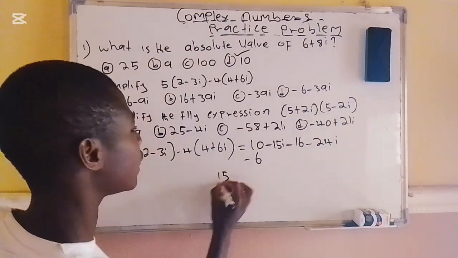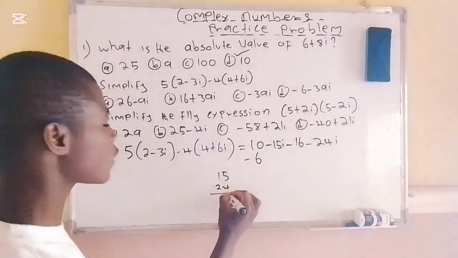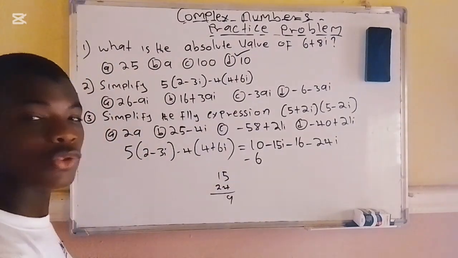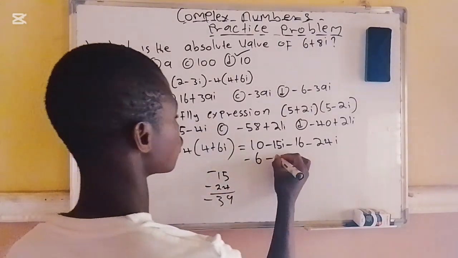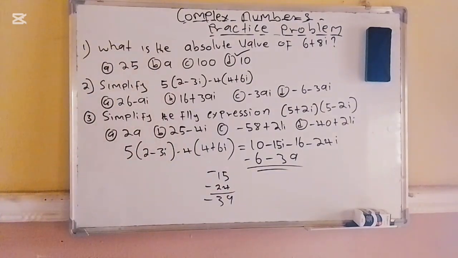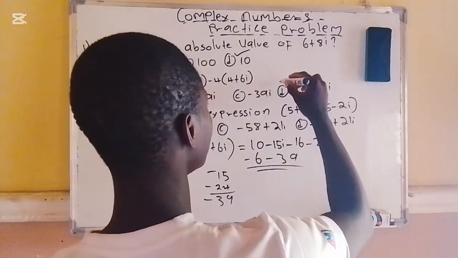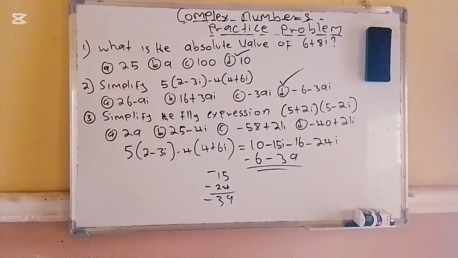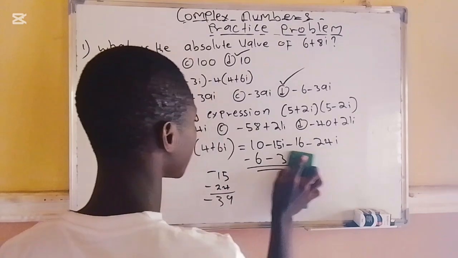If I say 15 plus 24, 5 plus 4 is 9, and 1 plus 2 is 3, but I have a negative sign, so it will be equal to minus 39i. We take a look at the options to see whether we have this final answer. D is the final solution of the second question.